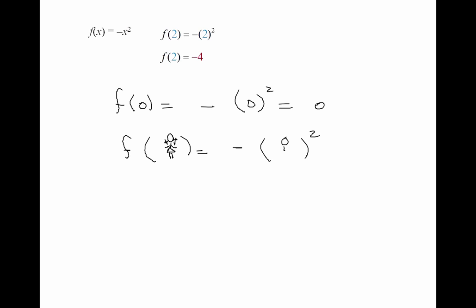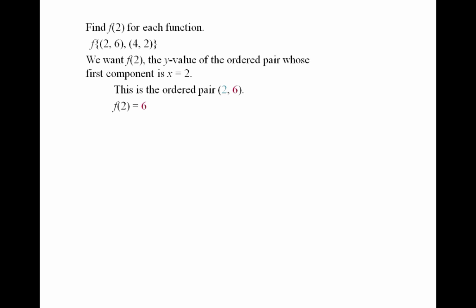Just put it in here. So it could be anything. That's the nice thing about a function. It should be the same girl. Do we get the picture? So if I want to know what f of 2x minus 5 is, what is that? Minus 2x minus 5 squared. Does that make sense? Okay.